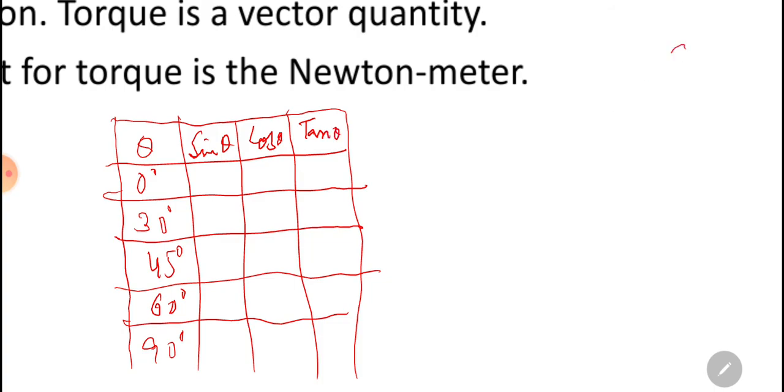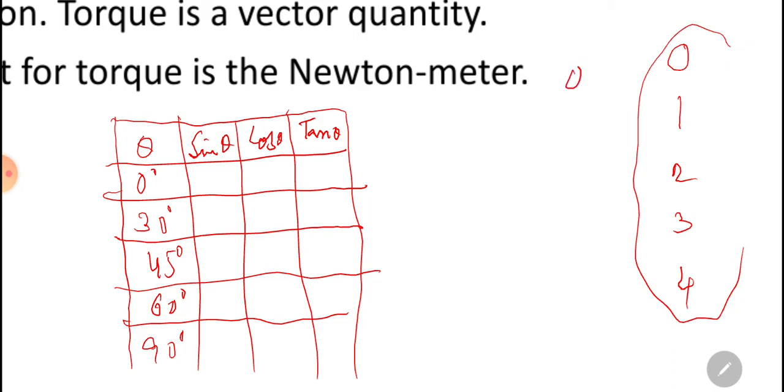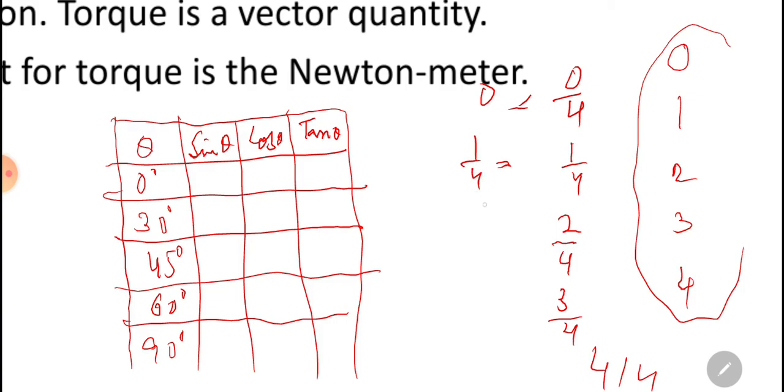So you will write 0, 1, 2, 3 and 4. In this column maximum number is 4, so divide by 4. 0 divided by 4, 1 by 4, 2 by 4, 3 by 4 and 4 by 4. From this we will get 0, 1 by 4, 1 by 2, 3 by 4 and 1.